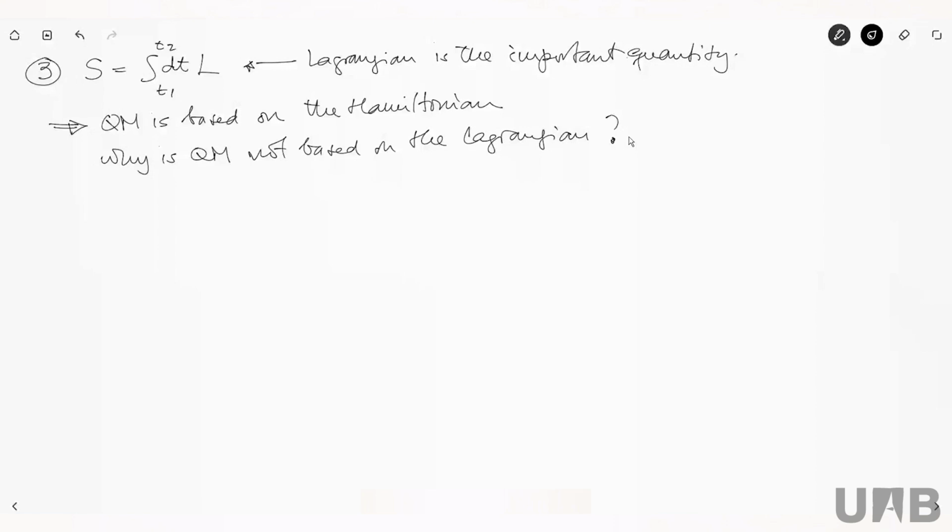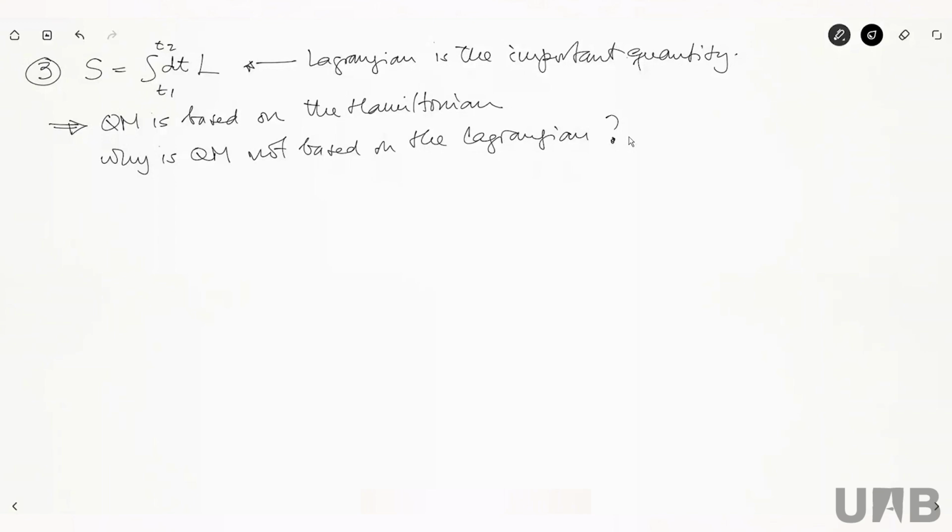For instance, in the case of electromagnetism, a particle moving in an electromagnetic field, we will see that the Hamiltonian and the energy are not the same. However, you guys use quantum mechanics to describe a particle in the presence of the electromagnetic field, right?